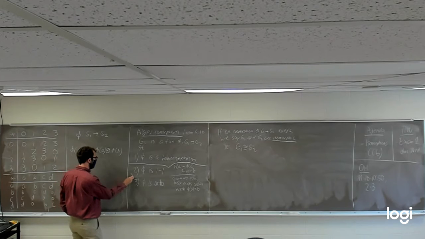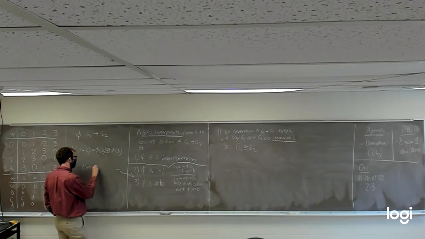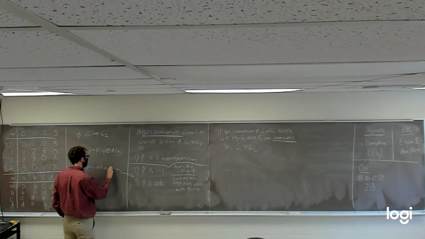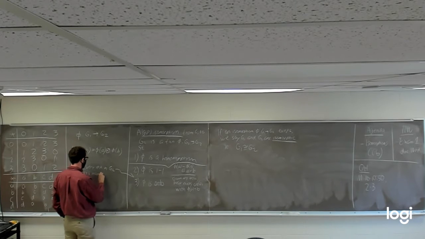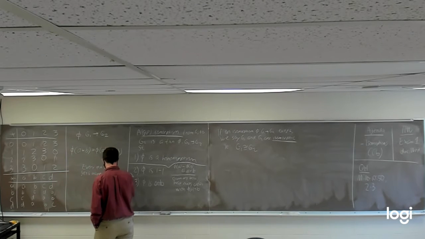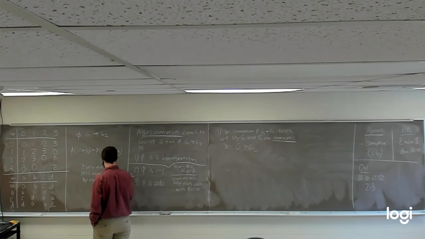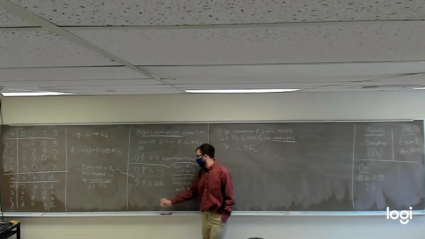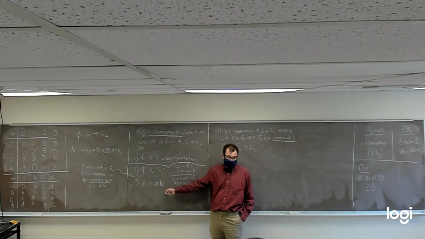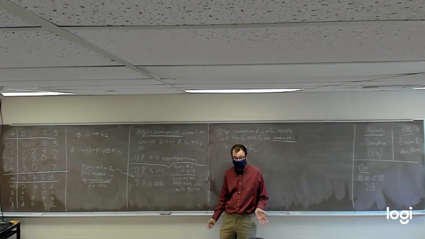And in fact, these two conditions combined tell us every element in G2 gets mapped to exactly once by an element in G1. Condition 3, phi being onto, tells us that everything in G2 gets mapped to at least once by elements in G1.